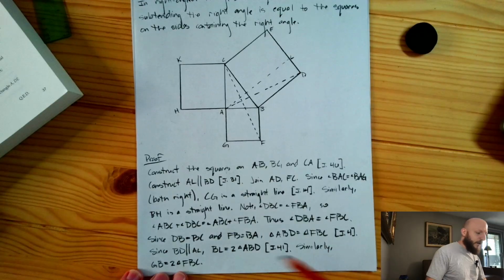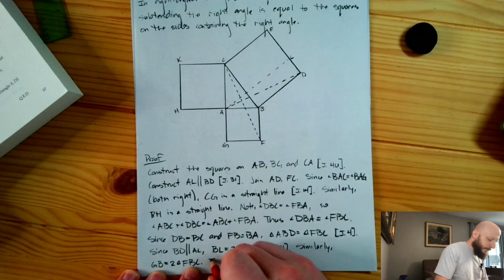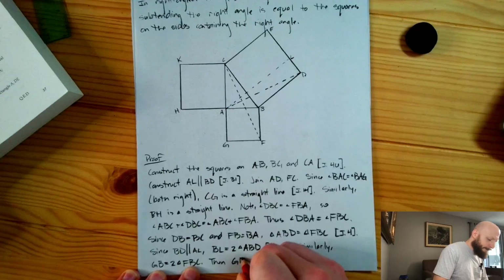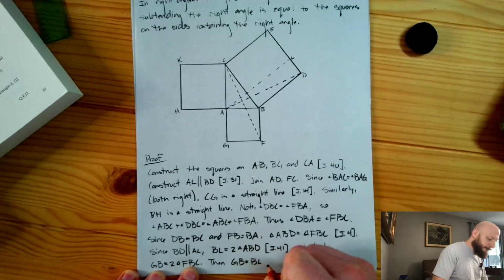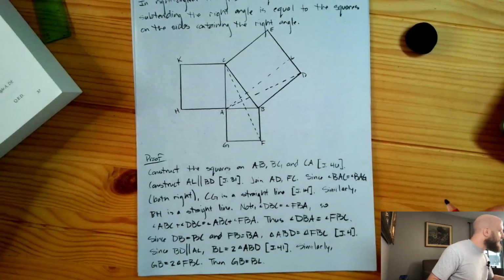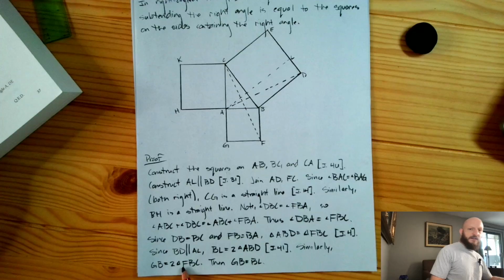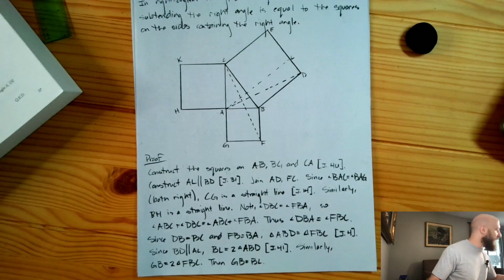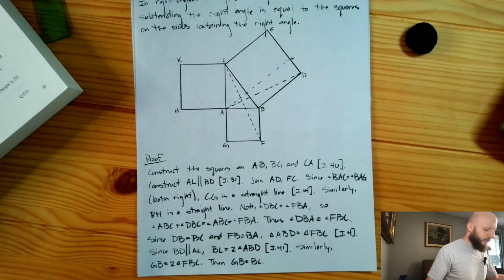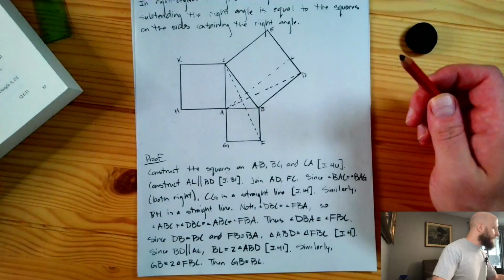So in other words, we get that GB is equal to BL. Right, and I guess I should have stated this is also prop 41, but it's just back to back, and I think it's pretty obvious. So yeah, GB is equal to BL.